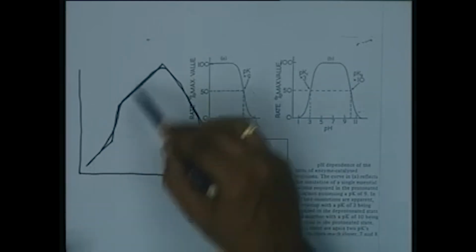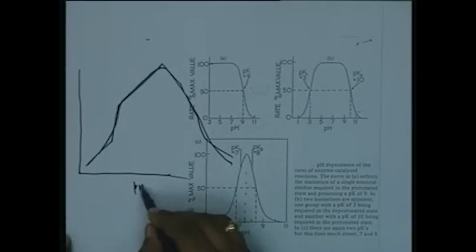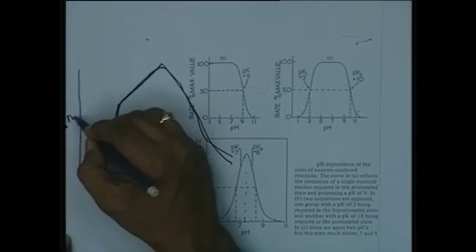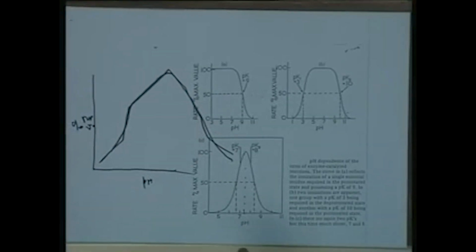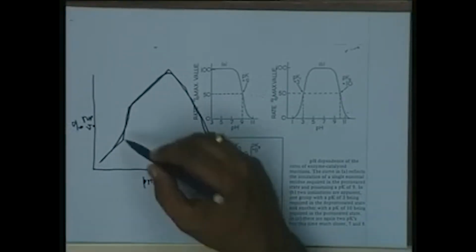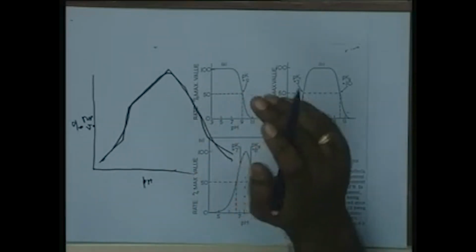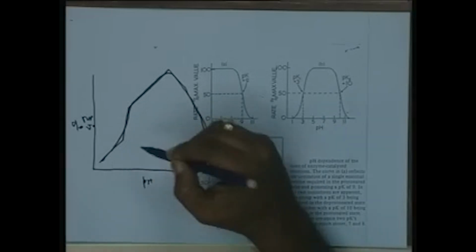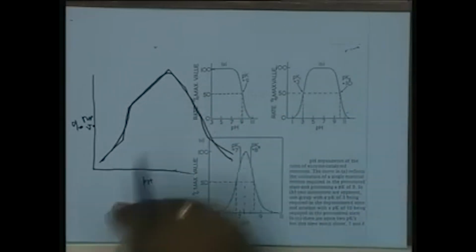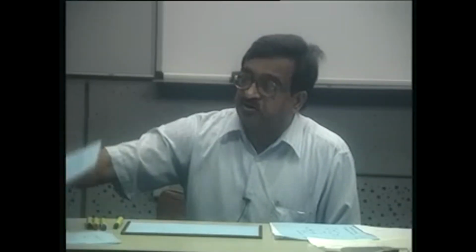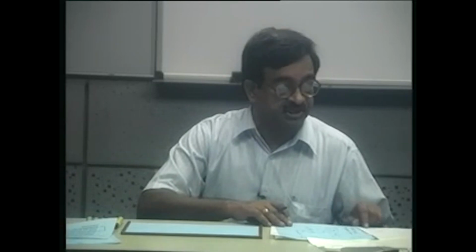The net profile of pH and percentage maximum reaction velocity may be the sum total of all the effects, and can be broken down into linear segments, where each linear segment represents the ionization of one of the amino acid residues. So the effect of pH on the reaction velocity must be considered as a parameter on the rate of reaction.